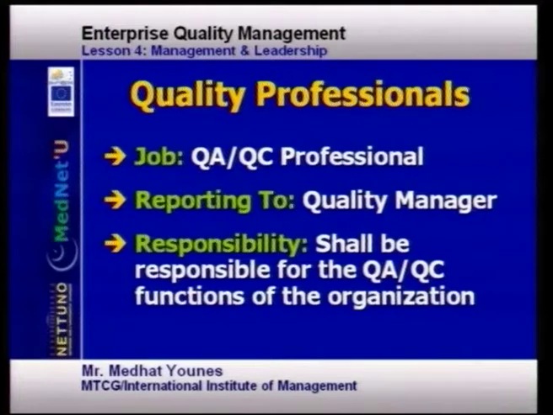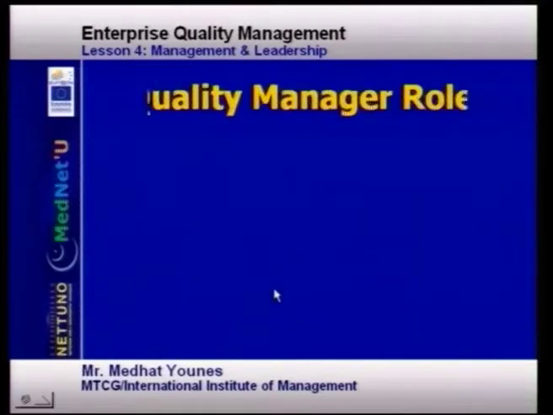The job description for quality professionals will be to report to the quality manager and be responsible for the coordination and execution of all the quality assurance and quality control functions of the organization.